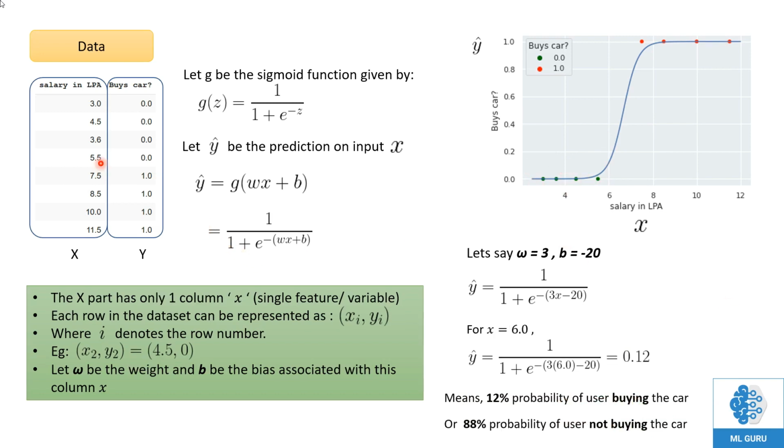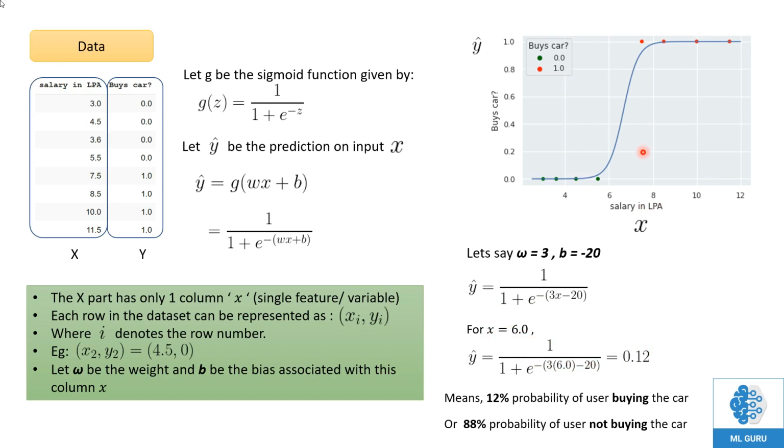Now it is not compulsory to use the input from this table. You can pass any input x, but this x should denote the salary in LPA. Now for example, let's say a user has a salary of 6 LPA. Now when we input this test input in this model, it outputs 0.12.